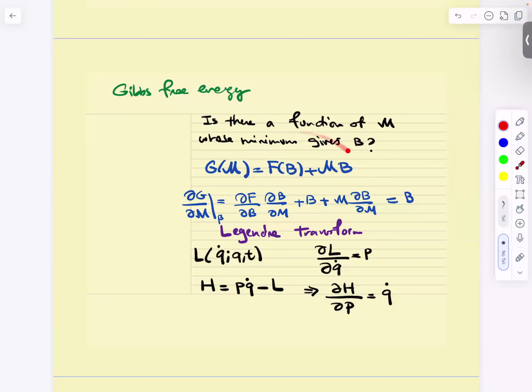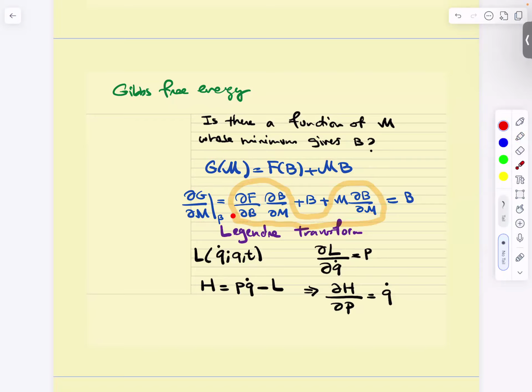Now, why do you do this? Because if you take the derivative with respect to magnetization, it is now del F del B del M. All I've done is put in this partial differentiation, plus B plus M del B. But look, these two terms cancel, right?